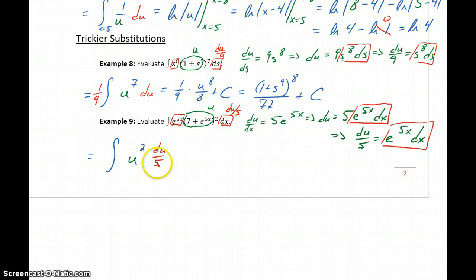And then again, recognizing that dividing by 5 or multiplying by 1/5 is just a constant multiple, we can bring that out front and just write this as 1/5 times the integral of u squared du.